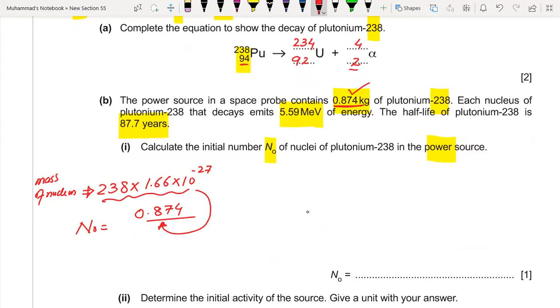Use your calculator to find that, which would be 2.21 times 10 to the power 24.